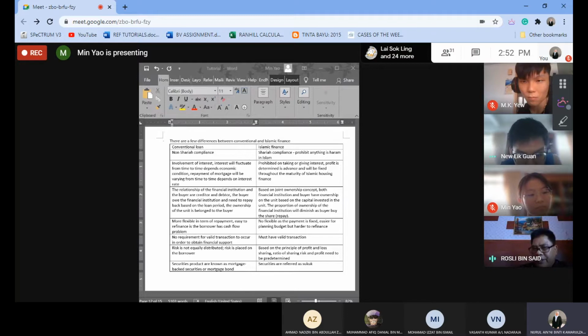Although in actual fact it's not the same, we want to compare. So 6% for commercial finance and 6% profit rate under Islamic. On a monthly basis, we are paying 2,000 per month for conventional as well as for Islamic finance.